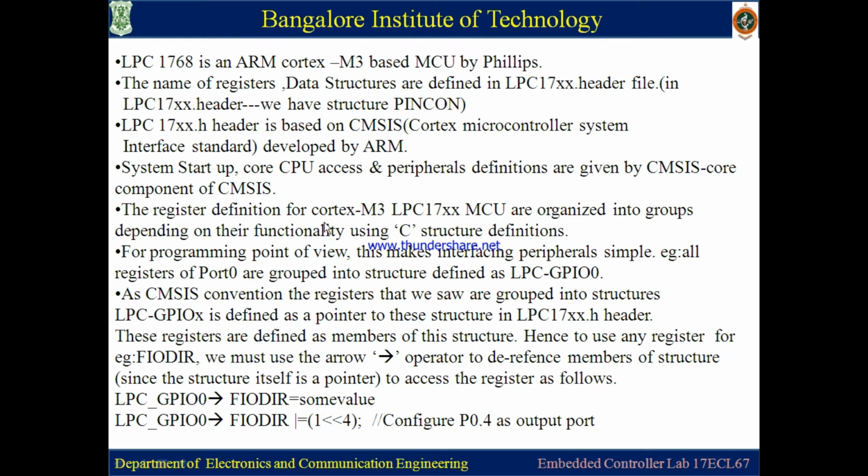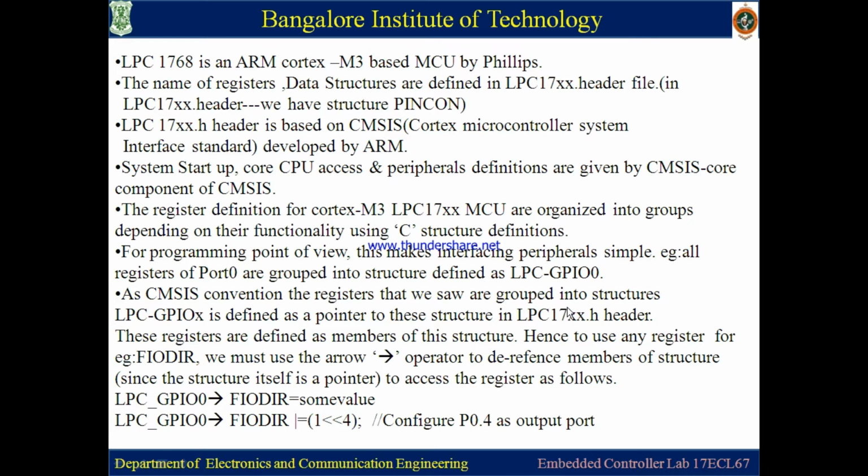The register definitions of the Cortex M3 LPC17xx are organized into groups depending on their functionality. From a programming point of view, this makes interfacing peripherals simple. For example, all registers of port 0 are grouped into a structure defined as LPC_GPIO0.